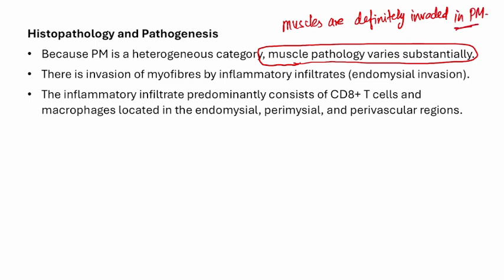No if, no but. Muscles are definitely invaded by inflammatory infiltrates. CD8 cells are involved. CD8 cells are responsible for the invasion of muscle fibers. They invade the muscle fibers. They cause damage to the individual muscle fibers. Muscle fibers get atrophied, and that is what is visible in histopathological examination.